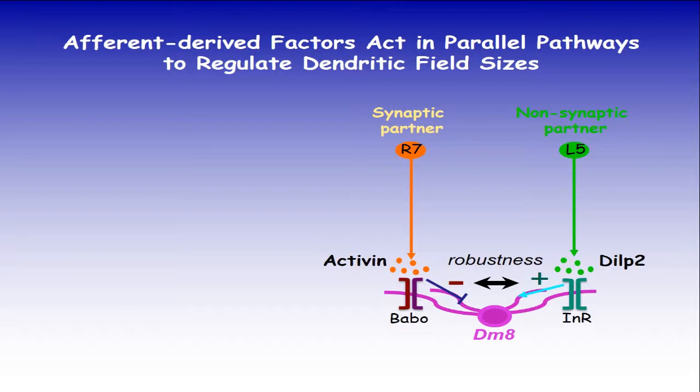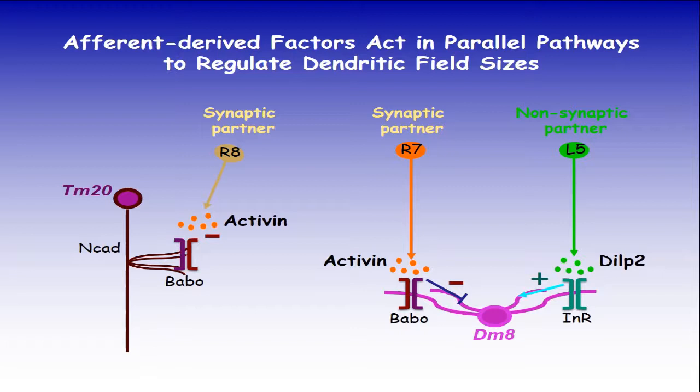And there's a critical communication between the presynaptic partner or non-presynaptic partner to deliver diffusible factors acting over very short range to control the size of the dendritic arbor. And the reason for the DMA neuron to have both the positive and negative regulator in that is to increase the robustness of the size control.